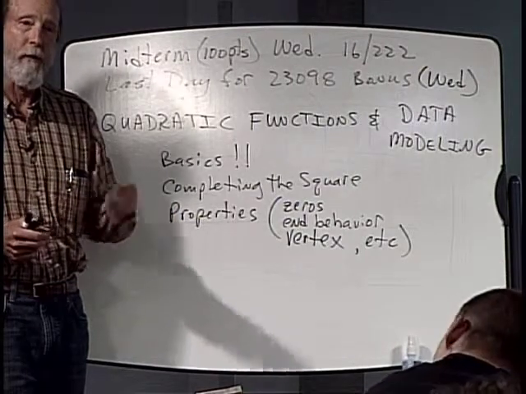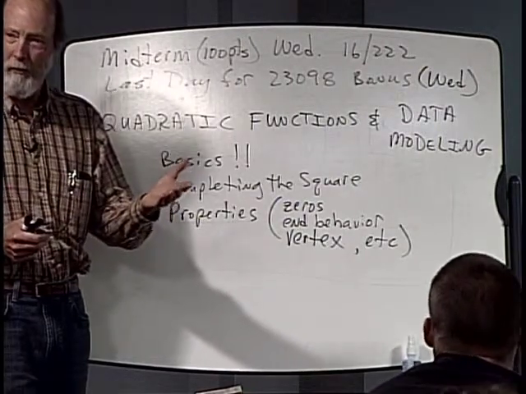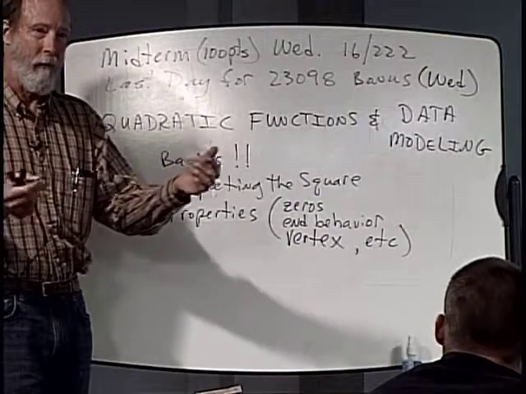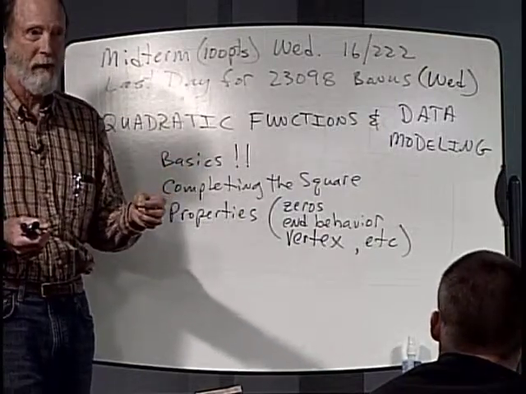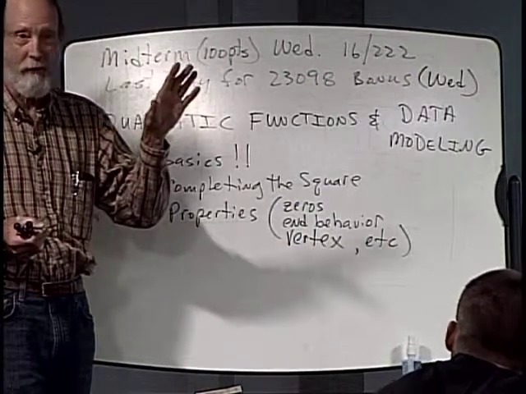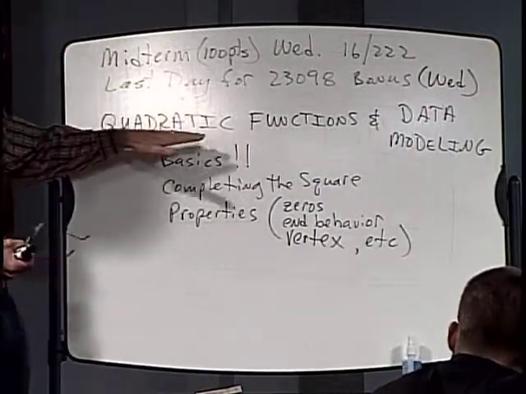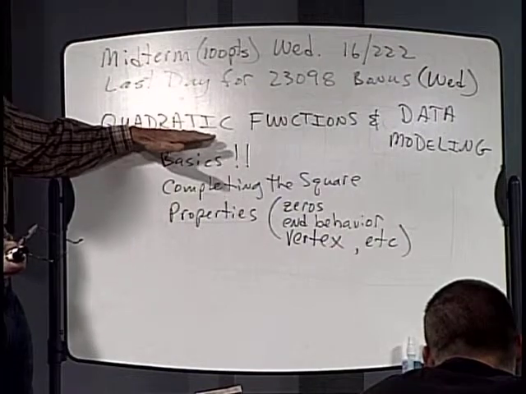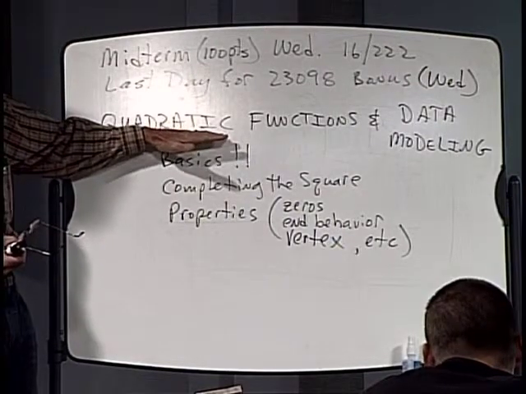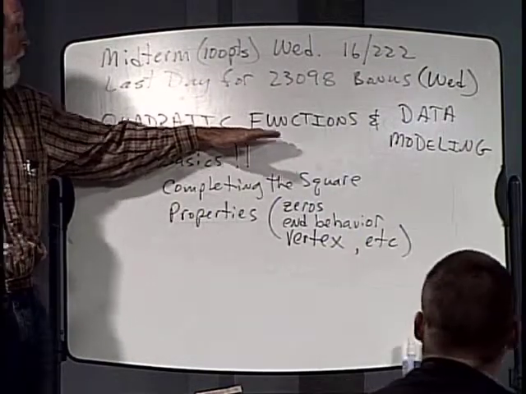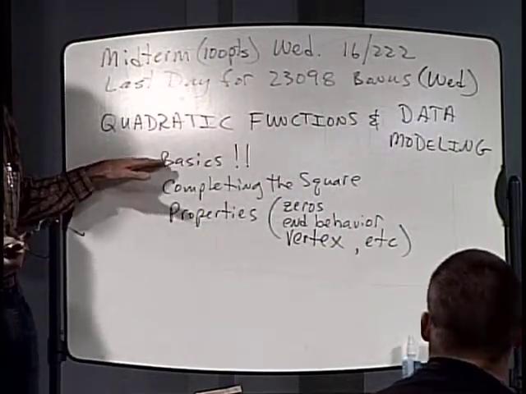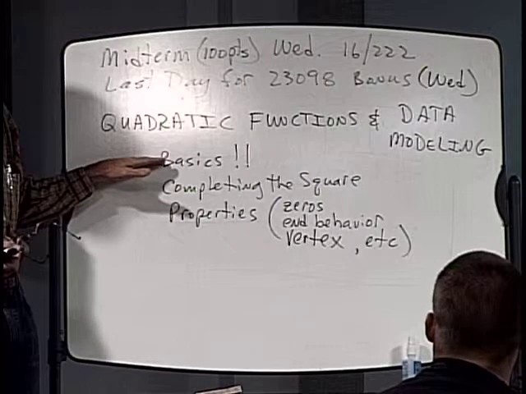So what I want to do is something similar to what we did yesterday, except this time we want to take data that looks more like a parabola in the way that it scatters itself out. And I think it would be really good for us to go completely through the fundamentals of quadratic functions, which you have been exposed to previously, but I want to make sure we go through all of those basics with you to refresh your memory.